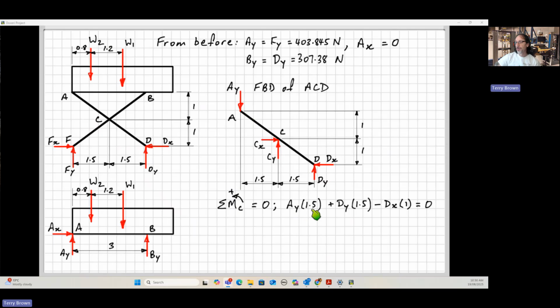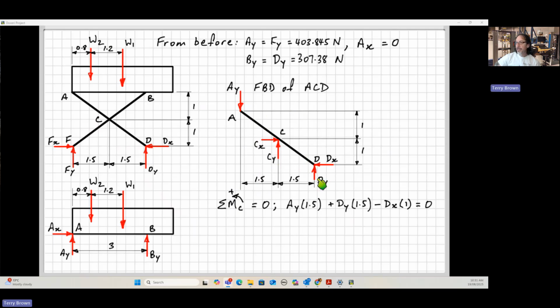So we have AY times 1.5, the perpendicular distance from AY's line of action to point C is 1.5, and it's tending to rotate anti-clockwise about point C, so positive.